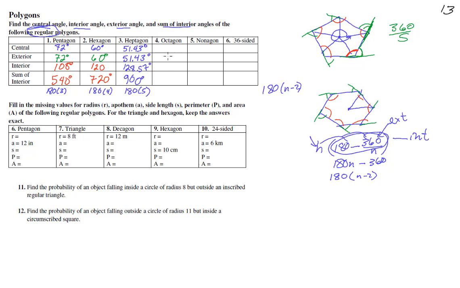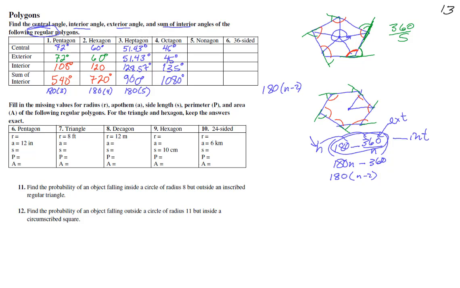Let's go ahead and march through these other ones then. So for the central angle, we're going to take 360 divided by 8, that's 45 degrees. So that's what this one is going to be, exterior angle. The interior angle is going to be 180 minus 45, that's 135 degrees. And when we multiply it by 8, it's going to be 180 times 6, which is going to be 1080 degrees.